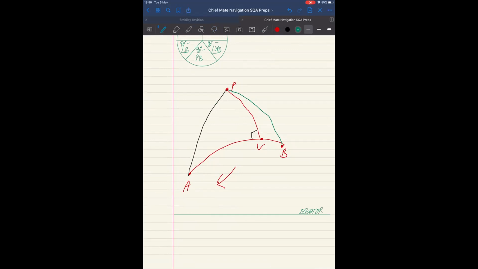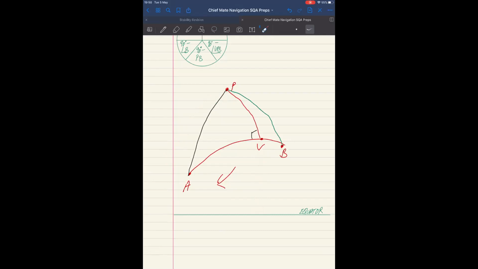Now I need to calculate the position of vertex, which is this part. So I need to give a latitude and a longitude. So latitude is basically the distance from the equator, and longitude is basically the angle subtended between the Greenwich meridian and your longitude. So it is basically this angle.